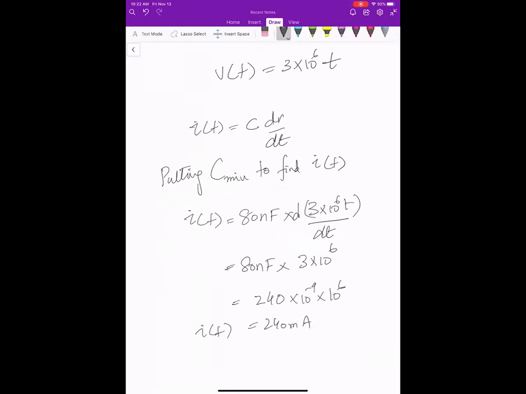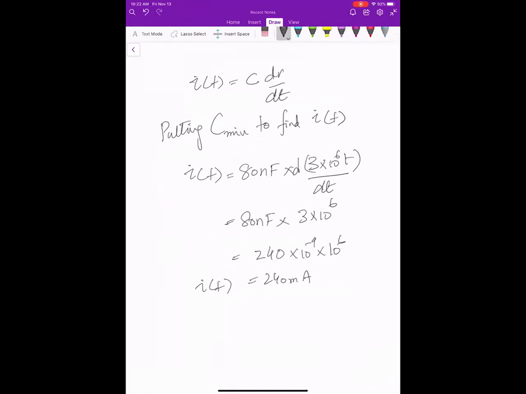So I of t is 240 milliamps for 0 to 1 microsecond, right?